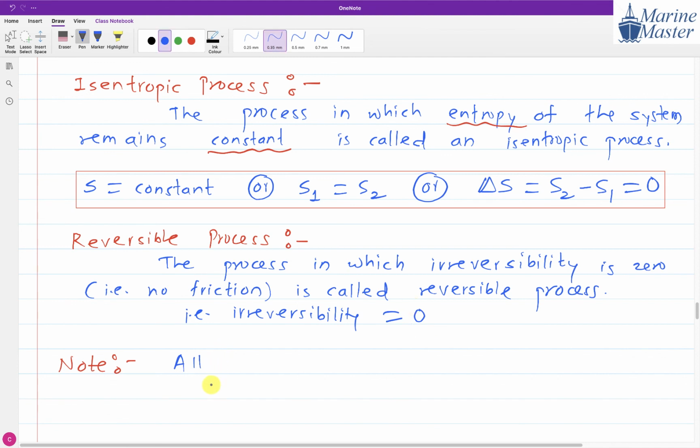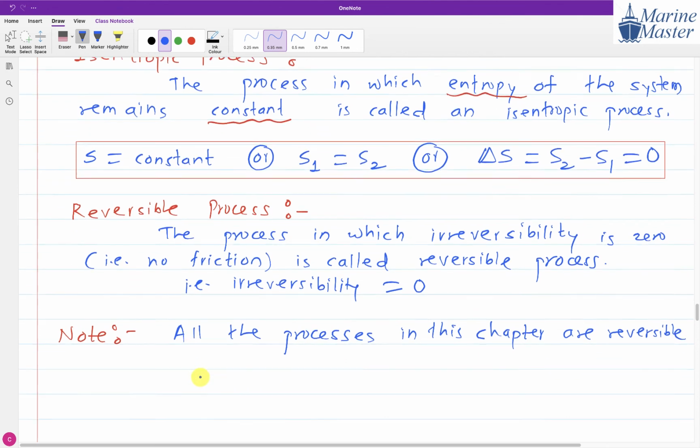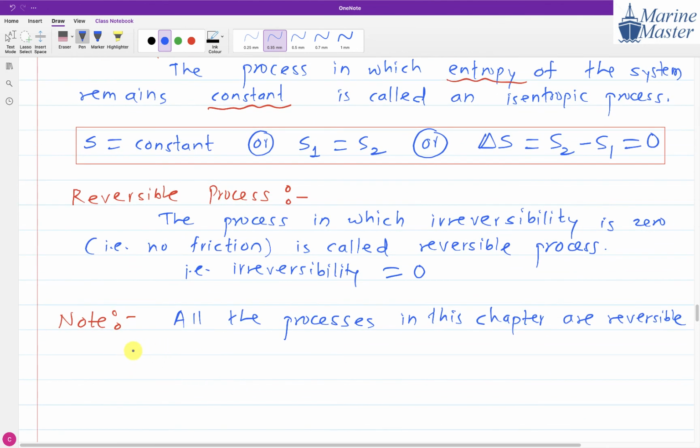And one very important point: all the processes in this chapter are reversible processes.